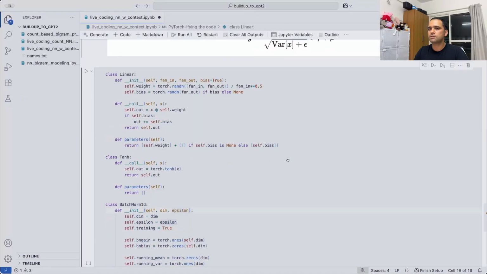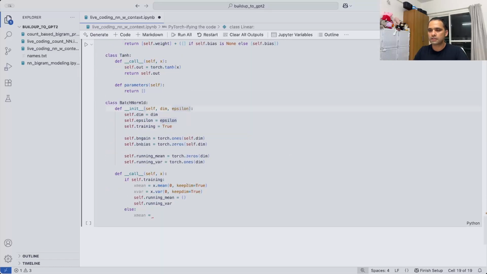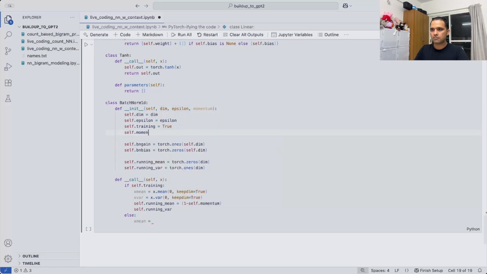This momentum has to be used while calculating the running mean and running variance. So that would be something like 1 minus self.momentum, and we'll have to initialize momentum here. So self.momentum times self.running_mean plus self.momentum.